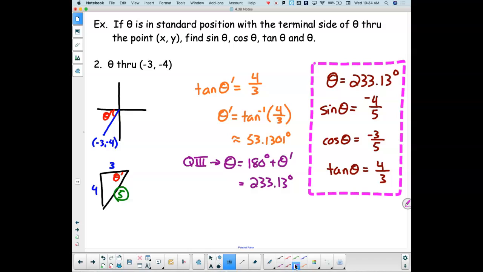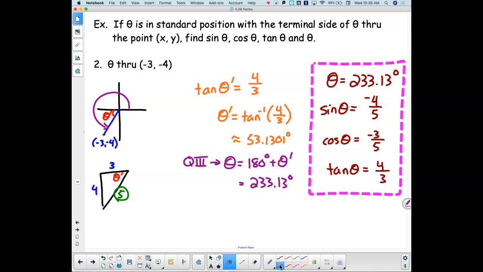Again, I go back to sine is positive in quadrants 1 and 2, negative in 3 and 4. Actual theta is this whole angle right here. So actual theta is a quadrant 3 angle, so sine has to be negative.